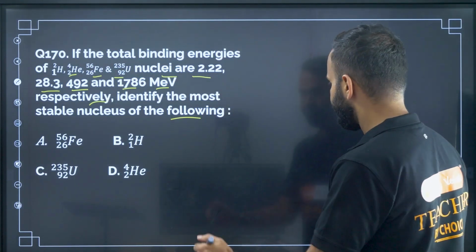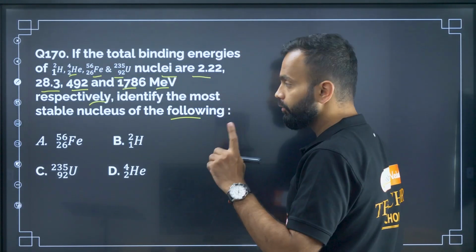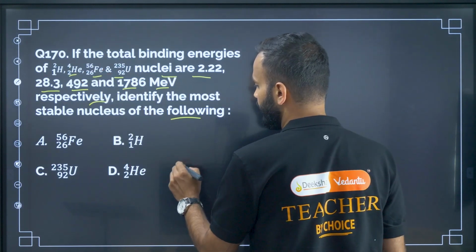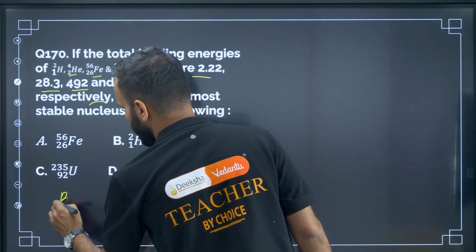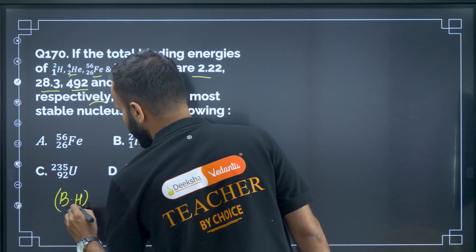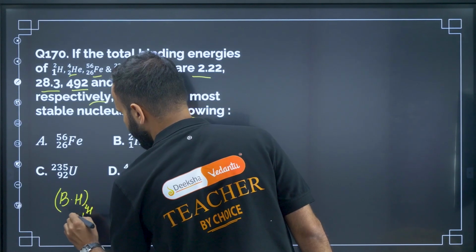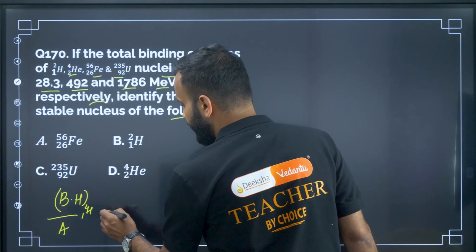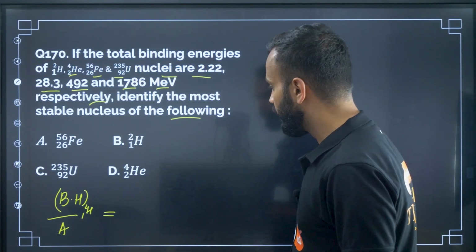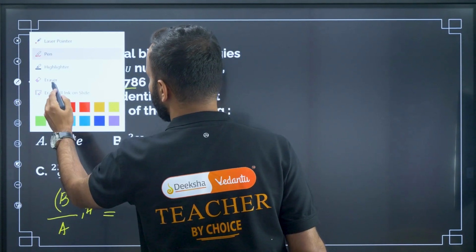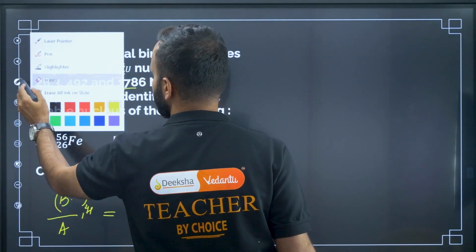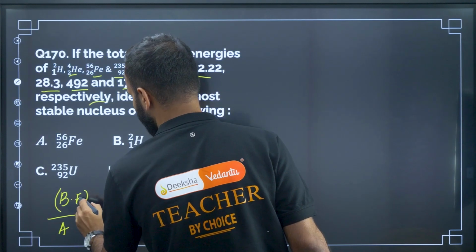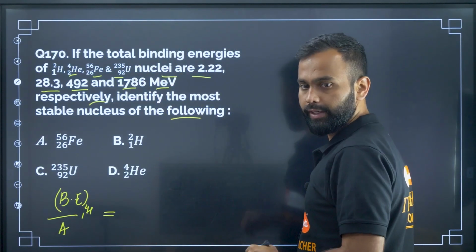First, binding energy per nucleon for deuterium.